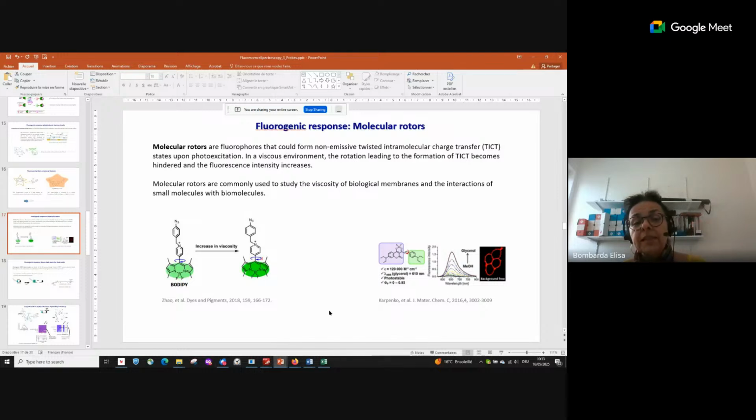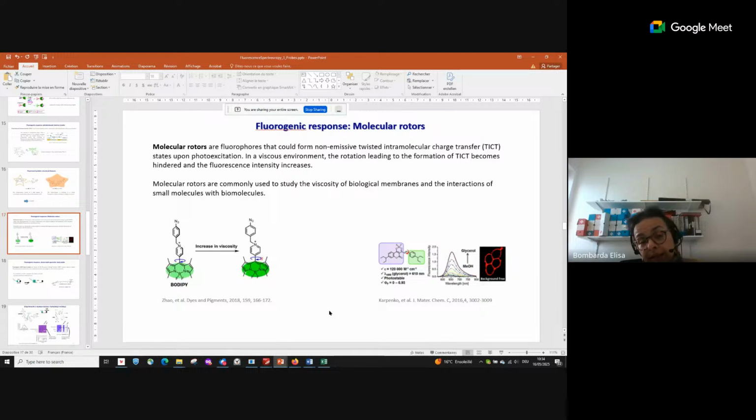With this sentence, I would like just to remind the general criteria with which we are choosing probes. We have to choose, of course, the probe that is able to detect the properties that we are interested in.